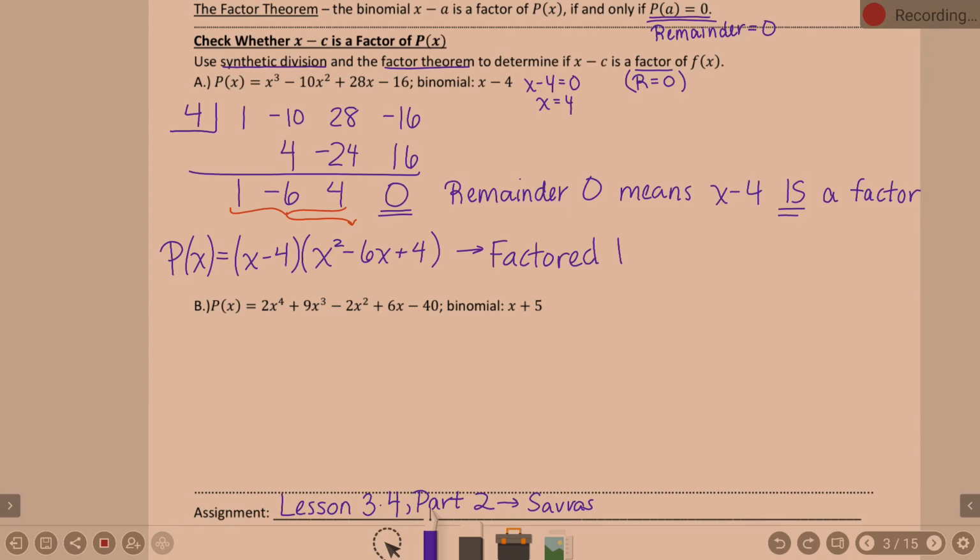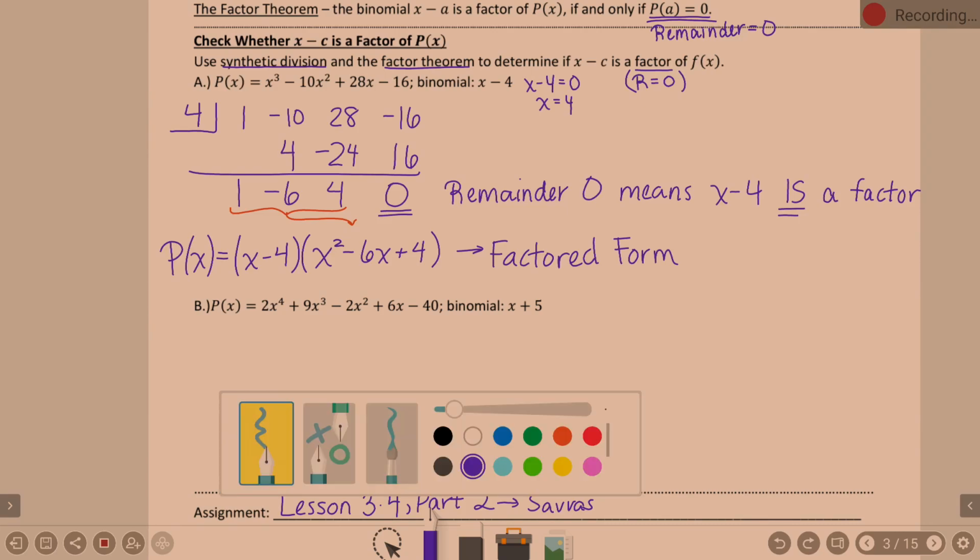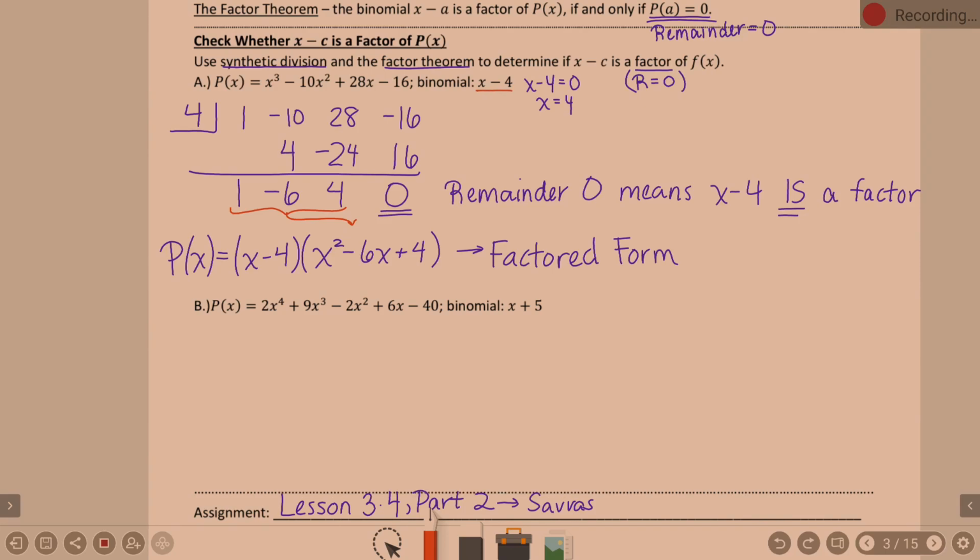Basically what we were writing, just without the remainder over the thing. Yeah, just the answer basically. And you're showing that it multiplies by x minus 4. Okay? That's if the remainder is 0. They're going to say, okay, now write it in factored form then, since the remainder is 0.